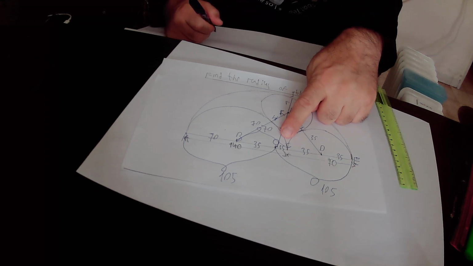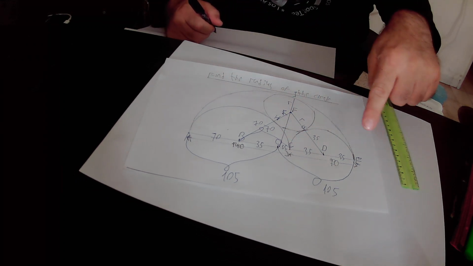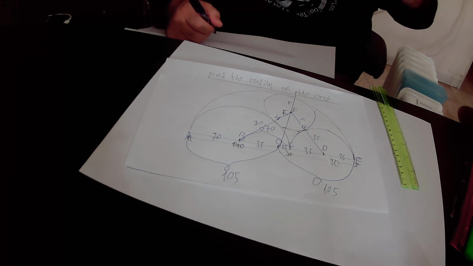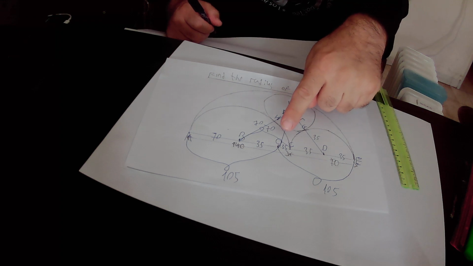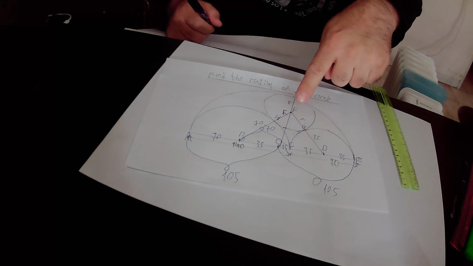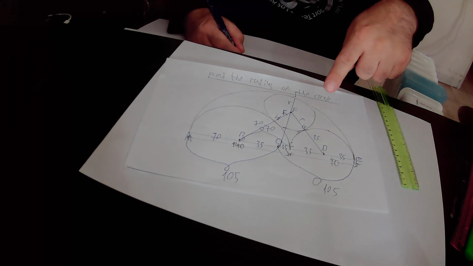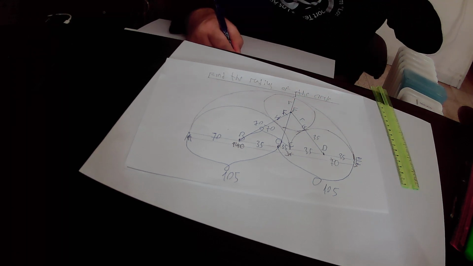Point O is the center of the biggest semicircle. Point I is the point on the biggest semicircle itself. This is exactly the definition of a radius. So OI equals capital R, and we have already found out that capital R equals 105 units.